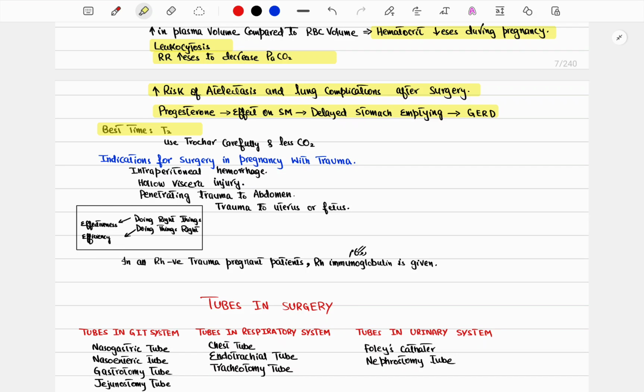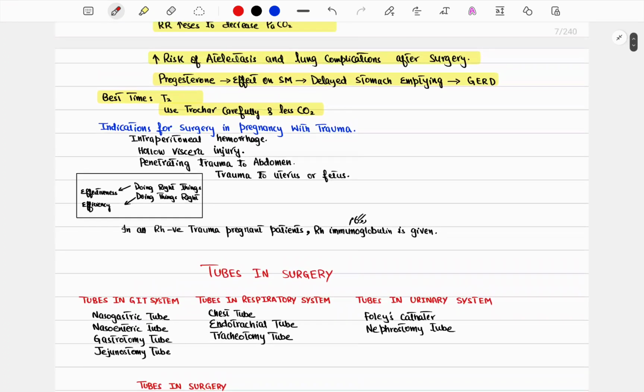The best time, we know, is the second trimester, and the trocar should be used carefully. The trocar is the long handled instrument we use during laparoscopic surgeries. Also, if there is a laparoscopic surgery, less carbon dioxide should be pushed into the peritoneal cavity of pregnant females.